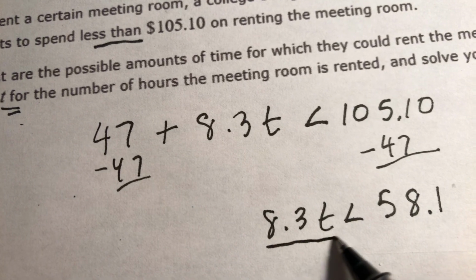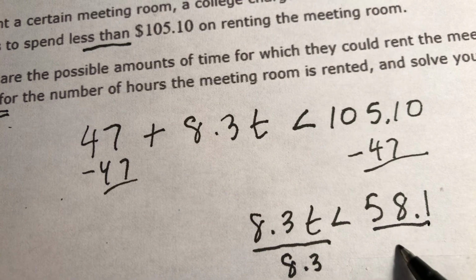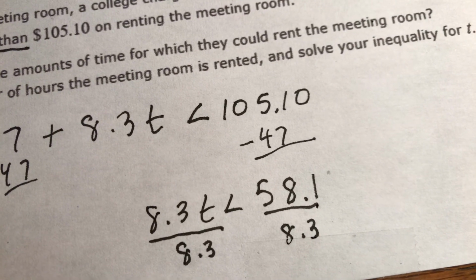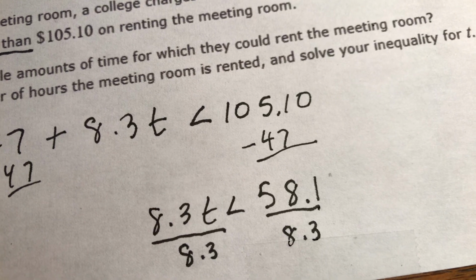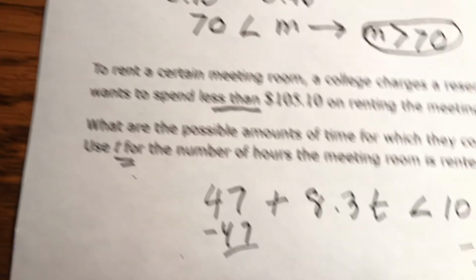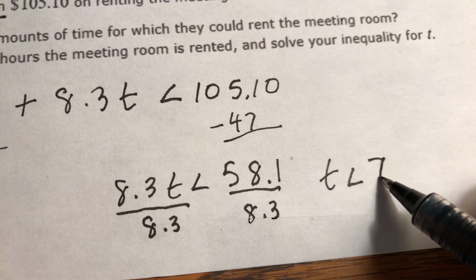And we want to divide both sides by 8.3. And like I said, you should be doing these divisions. 58.1 divided by 8.3. Oh, how nice. I get T is less than 7.